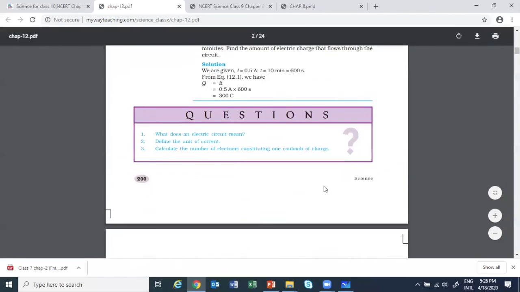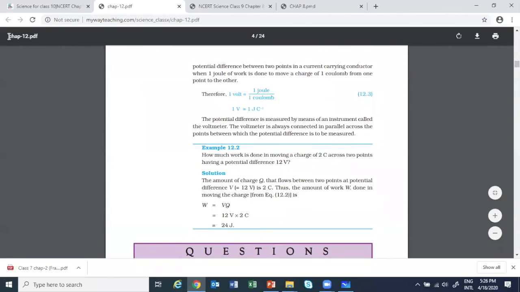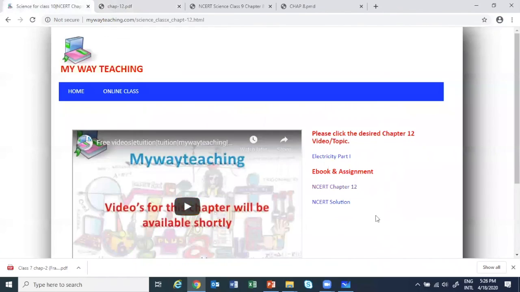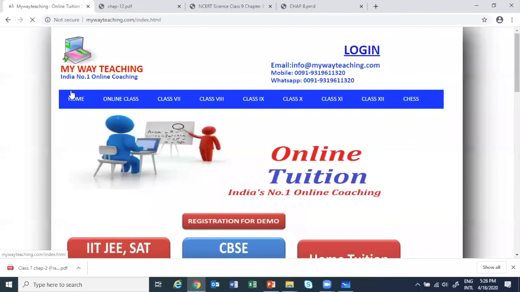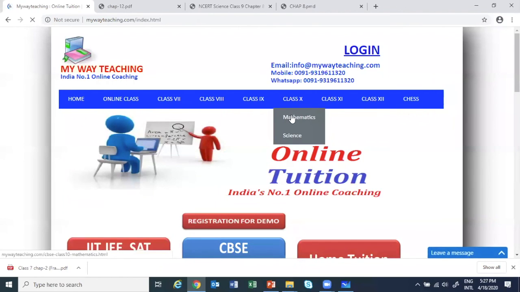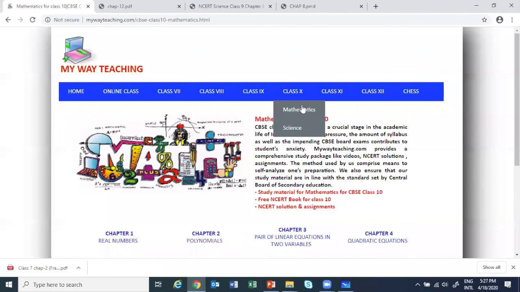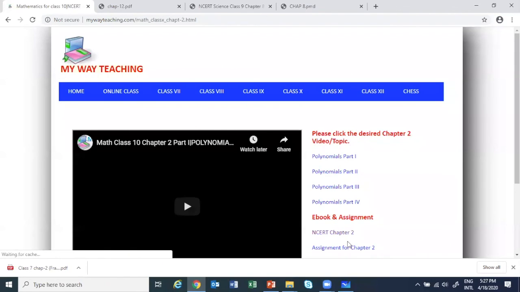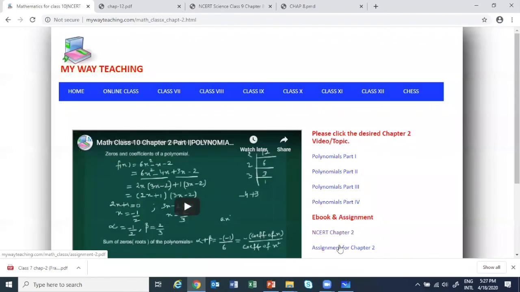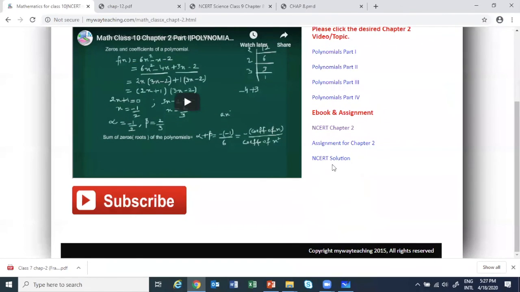This chapter is available here, and some NCERT solutions are there, but when we complete this chapter, then we will solve the NCERT questions. And in a similar fashion, you can go for mathematics also, like polynomials, NCERT chapter and NCERT solutions.